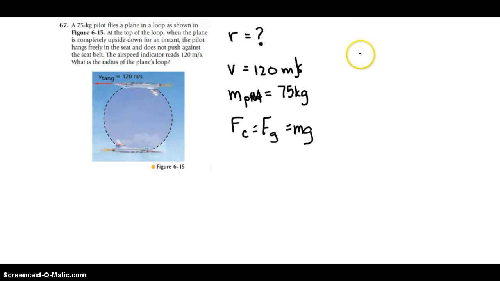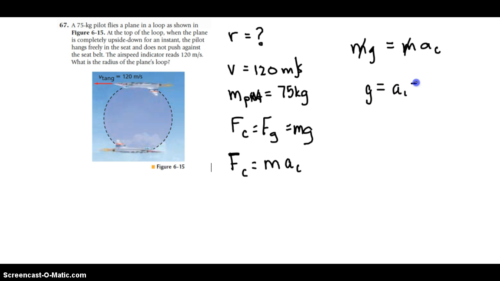So we also know again that centripetal force is equal to mass times centripetal acceleration. So if we set mg equal to m times the centripetal acceleration, conveniently our masses cancel out once again, and we get that g is equal to centripetal acceleration, or v squared over r, based on our formula.